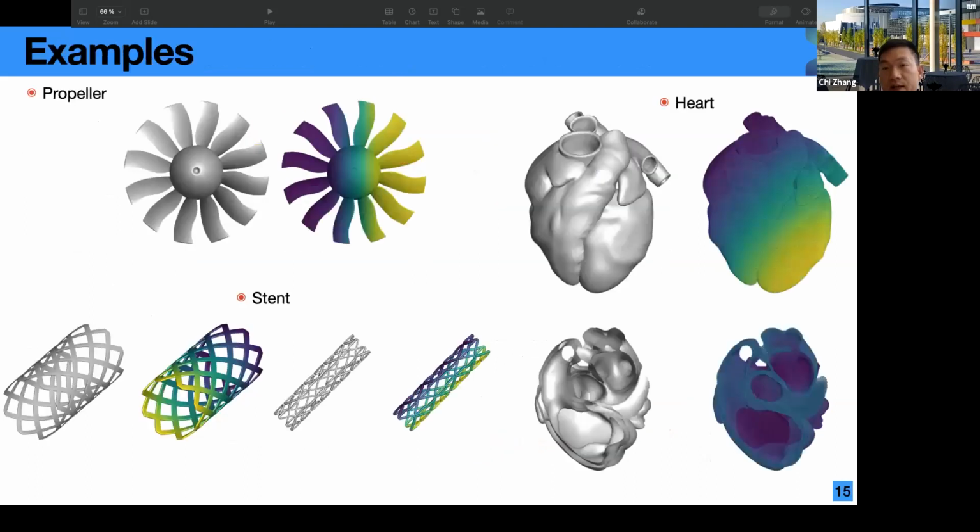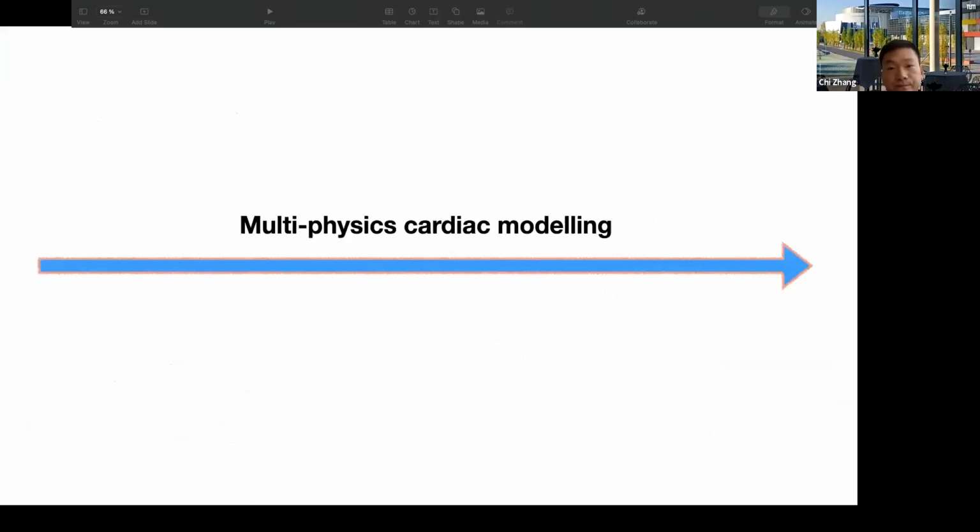Then we can get a body-fitted particle distribution with isotropic distribution for some complex structures, for example, the propeller, the heart model, and also some stent structure. With this pre-processing tool, we can extend the SPHinXsys library to some engineering applications.